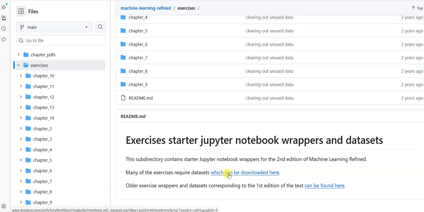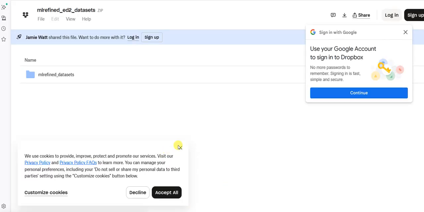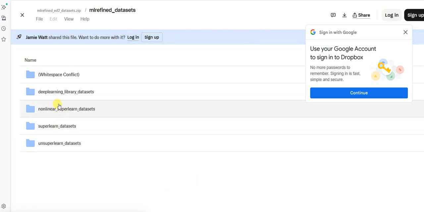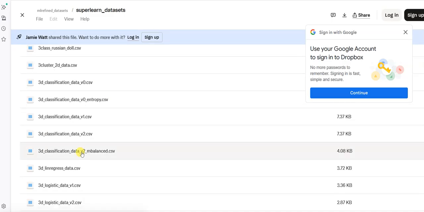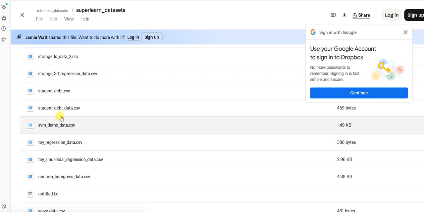Data sets can be downloaded from here, the exercise-required data sets. ML refined data sets. In that, accept all. Supervised learning data set: we are in the supervised learning data set. In that, the student debt data set. Yes, this is the student debt data set.